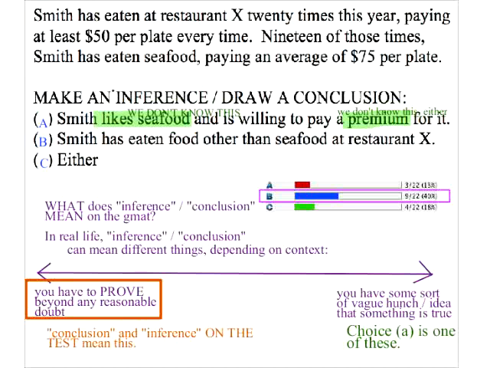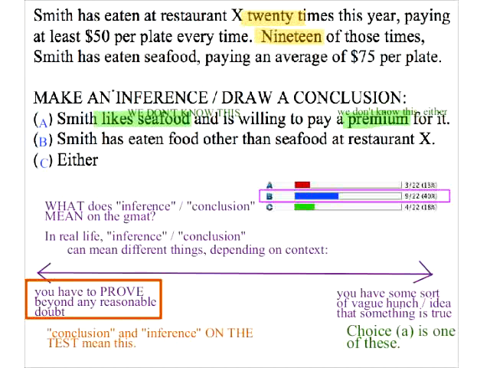What's difficult about these for a lot of people is that they're not making this specific enough in their head. Like, what does conclusion mean on this test? So you're looking for the left-hand side of the spectrum. Choice B is the left-hand side of the spectrum, because notice that Smith has eaten at this restaurant 20 times, and 19 of those were seafood. So 19 minus 20 is not 0.